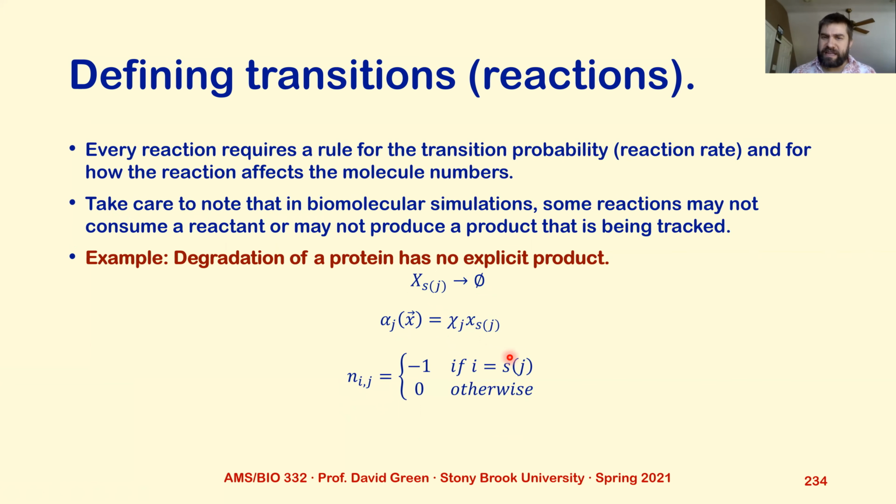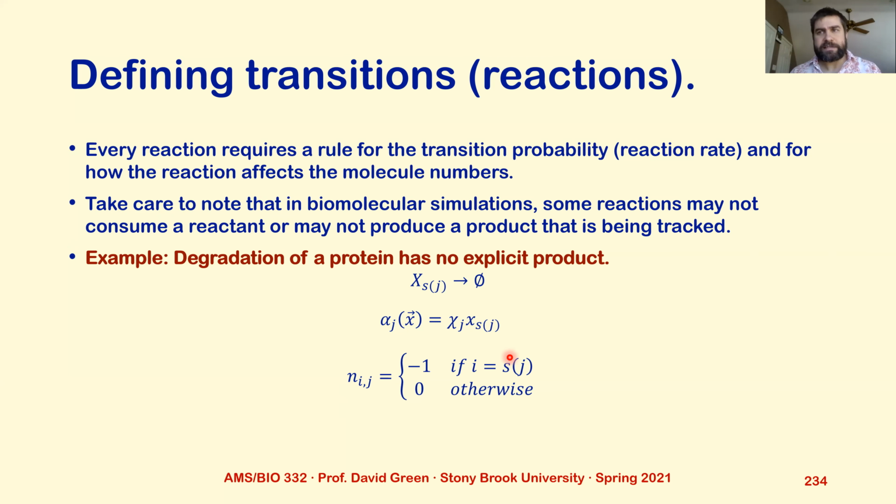We also need to be a little bit careful about things that can happen in our biomolecular simulations, where we're not really keeping track of everything. In biomolecular simulations, there may be some reactions that don't consume a reactant, and there may be some reactions that don't actually produce a product.